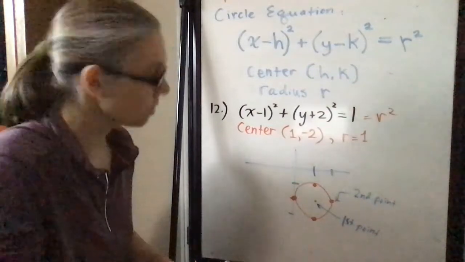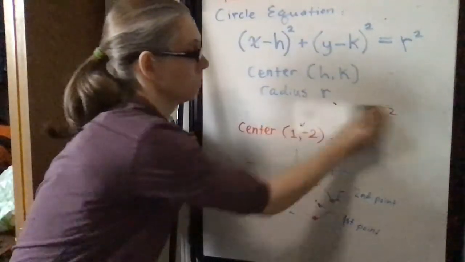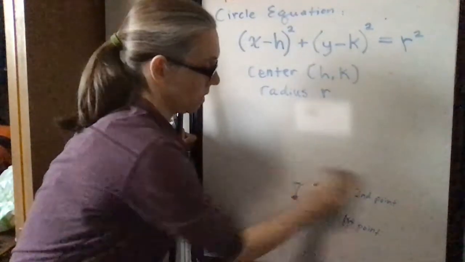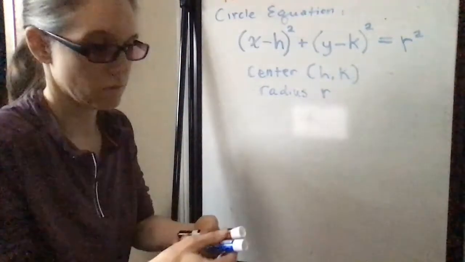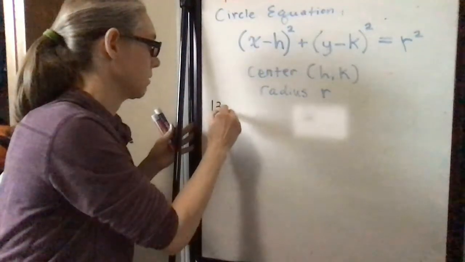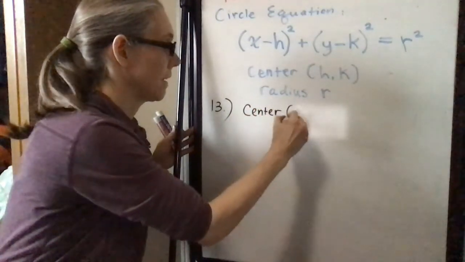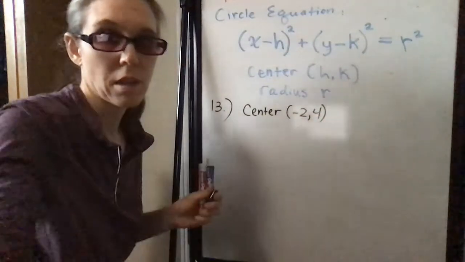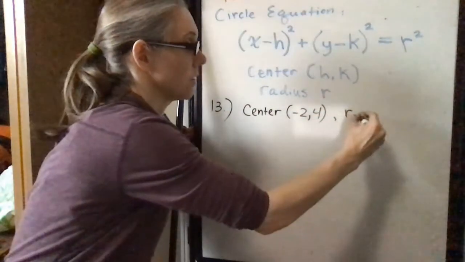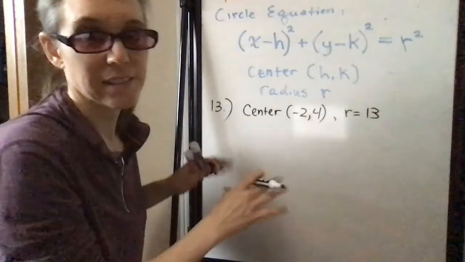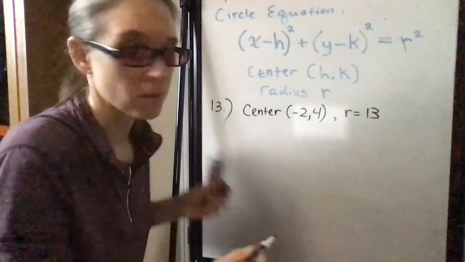So question number 13 gives you information. Question number 13 gives you the center is (negative 2, 4). And then it tells you that your radius is 13, and it asks you to write the equation of the circle.